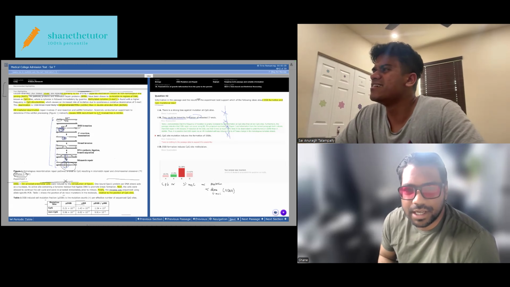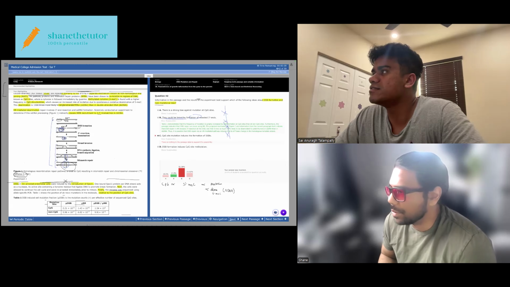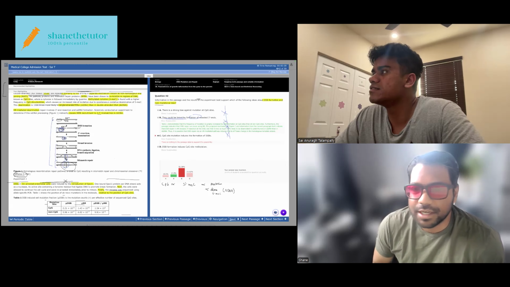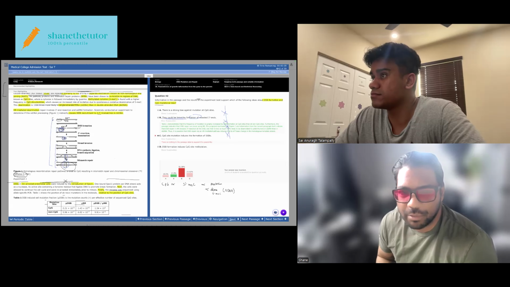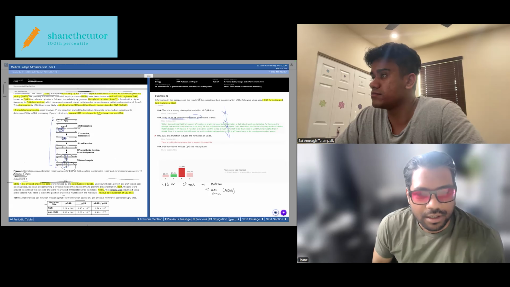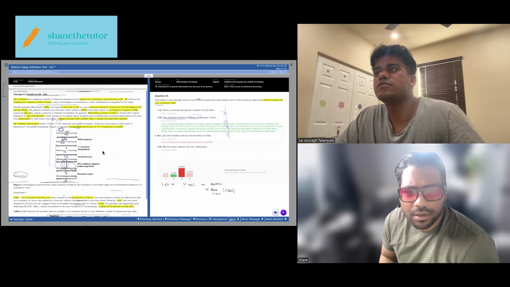Information in the passage and the results of the experiment best support which of the following ideas about DSB formation and CpG mutational bias? Okay, CpGs.